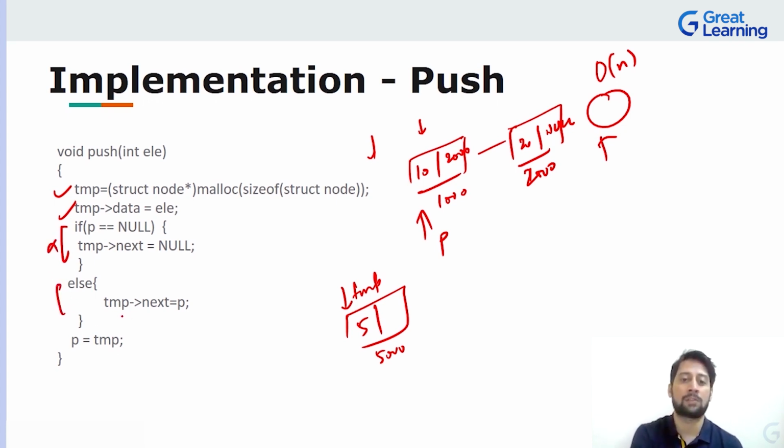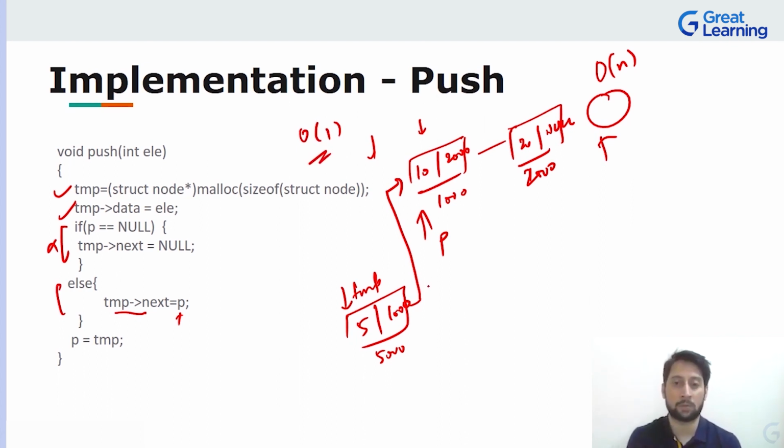Then what we'll do, we'll insert the value in temp's next as p. So temp's next is this, which is right now empty, and we will insert p in it. So p is 1000. So here you have your link. Okay, so this is insertion at the beginning in a constant amount of time. So push is implemented in a constant amount of time.